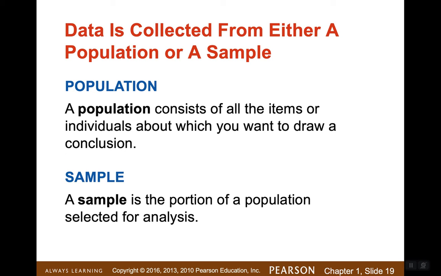A sample is a portion of that population that we select for analysis. So we don't need to check everything. We don't need to do the entire population. What we're going to do is draw a sample from that population, and from that develop an estimate of the characteristics of the overall population.